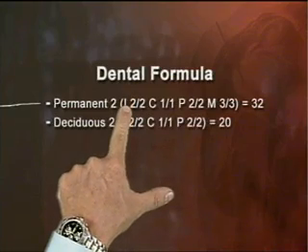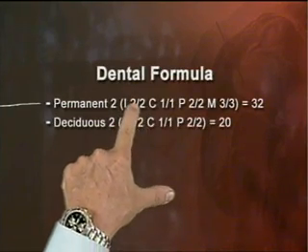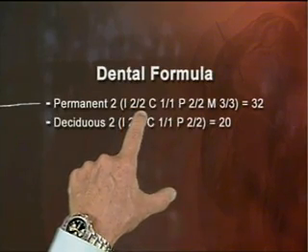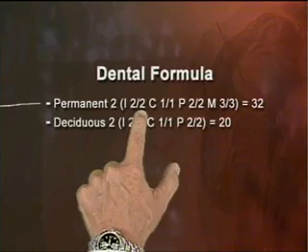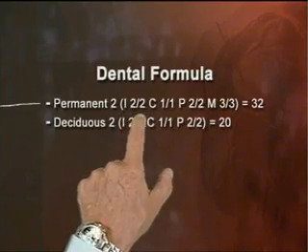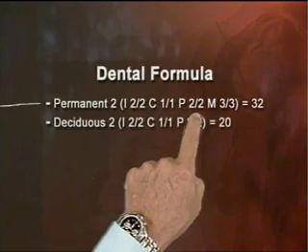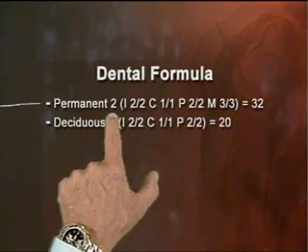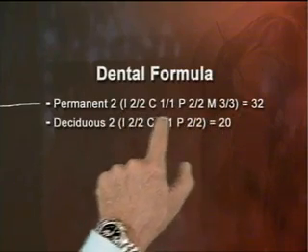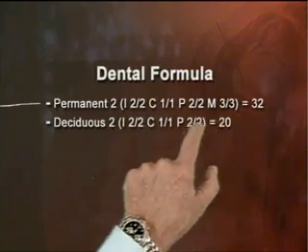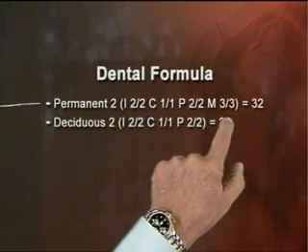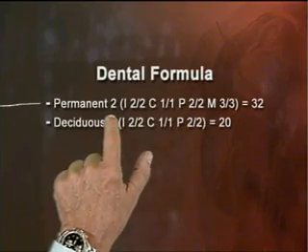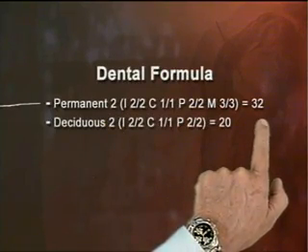Now a numerator in these fractions designates upper teeth, and the denominator represents lower teeth. So we have I, 2 over 2, C, 1 over 1, P, 2 over 2, M, 3 over 3. And we have to multiply that by 2 because this parenthetical part of the expression simply talks about the right or left half of the dentition. So we've described either the right or left side, and then we multiply it by 2 since we have bilateral symmetry, and that gives us 32 teeth.